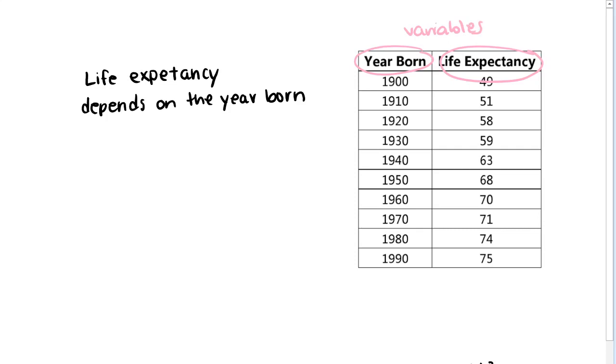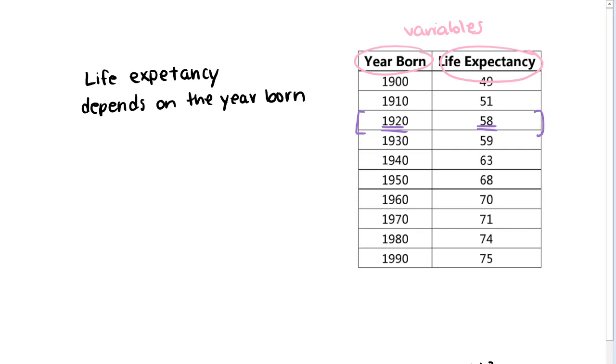And so here on the right side of this page, we have a table relating these two different kinds of quantities. And how do you interpret this table? Well, you sort of read these two quantities beside each other as related to one another. So for example here, the fact that I have 1920 beside 58 is telling me that 1920 is representing a year in which a person was born. And here that's saying that their life expectancy for a person born that year is on average 58 years.